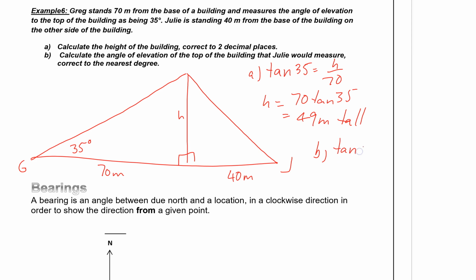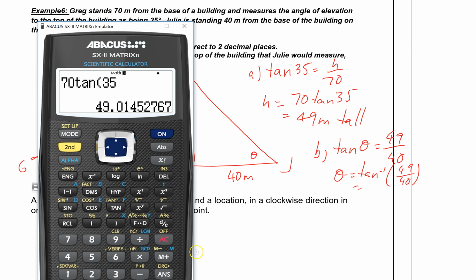And for part B, tan theta, I should put my theta in there. Remember, your diagram is part of your working. Tan theta is 49 over 40, so theta is the inverse tan of 49 over 40.